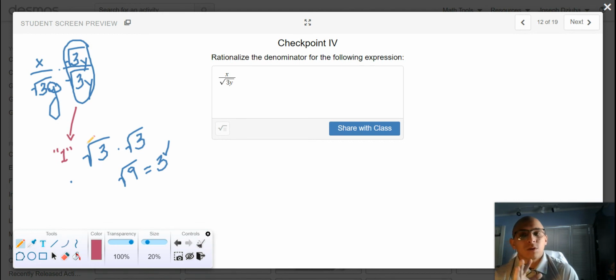So yes, while we're going to modify our original expression, we're not actually changing the structure, the origin of this particular number. So our numerator would become x times the square root of 3y, while our denominator is the square root of 3y times the square root of 3y, which would give us the square root of 9y squared. And if you remember your properties of exponents, the square root of 9 is really a 3, and the square root of y squared is really y.